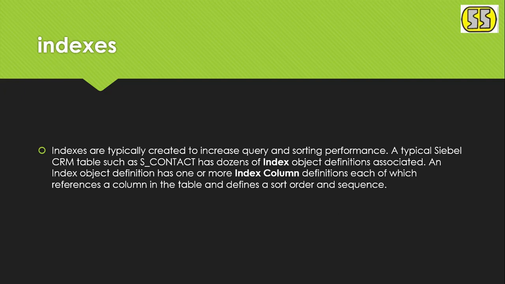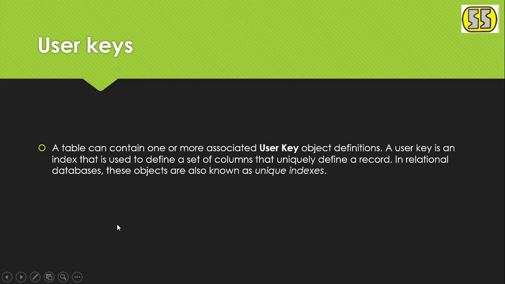Okay, now what is next? The next is user key. So user key is nothing but a way to maintain uniqueness. Maintaining uniqueness with only one column is not enough. Let's say I am creating a contact or an account.